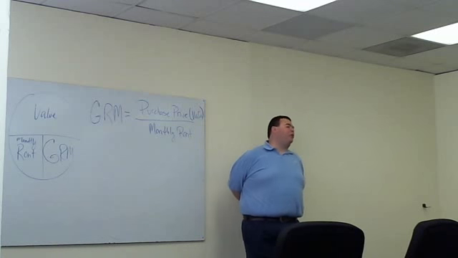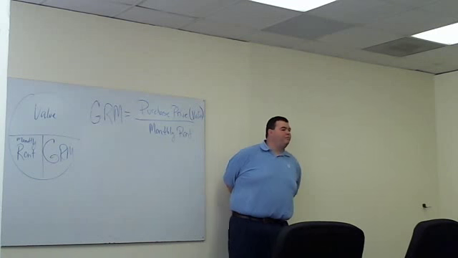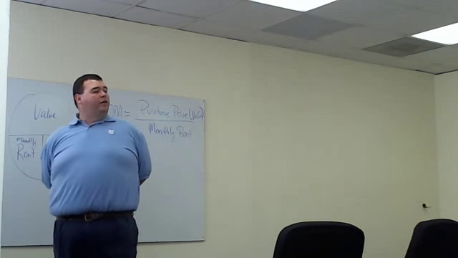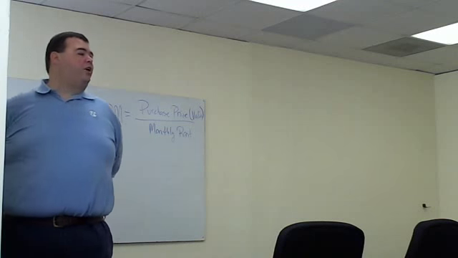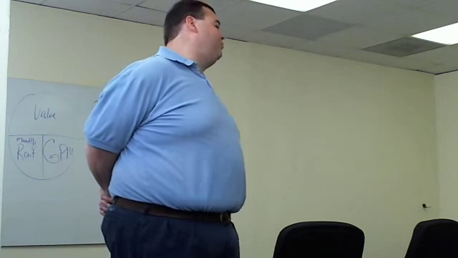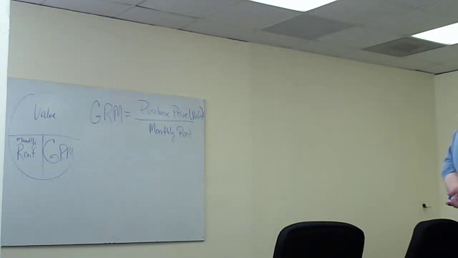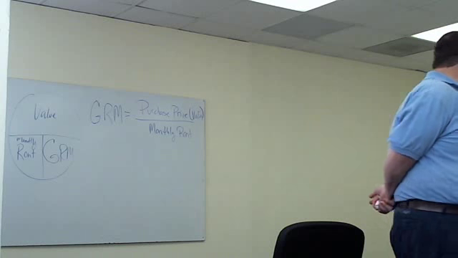So an investor says he wants a gross rent multiplier of 100 or less, and I bring him a property that rents for $800 a month. Write down for me how much he's willing to pay for that property. Gross rent multiplier of 100 or less, that's the only way he'll buy it. $80,000, right?